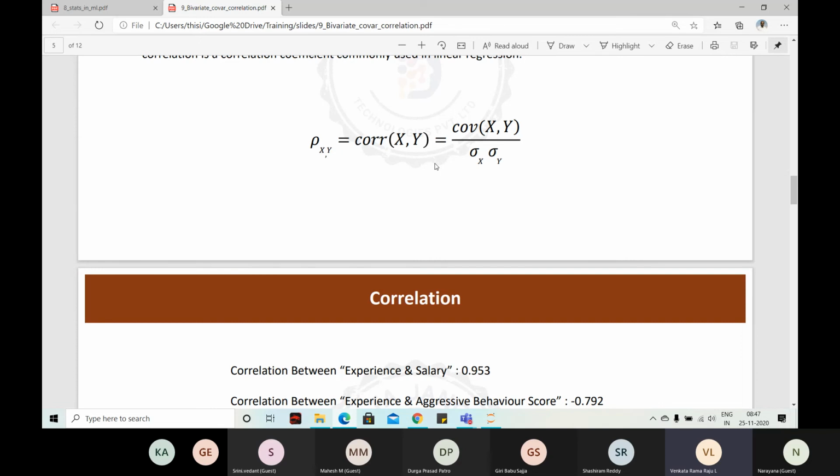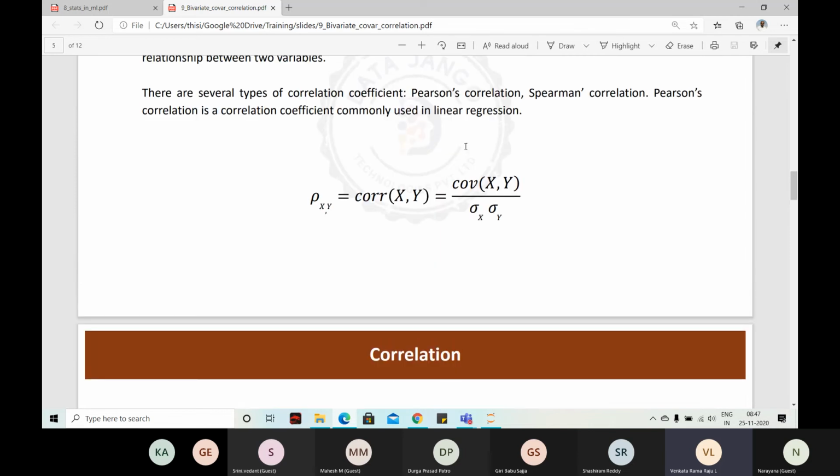Negative means negative relationship: one increases, the other decreases, and the strength is very strong on the negative side. Close to +1 means very strong positive relationship: one increases, the other increases. Close to 0, no relationship. So the correlation coefficient solves the problem of measuring the strength of the relationship.